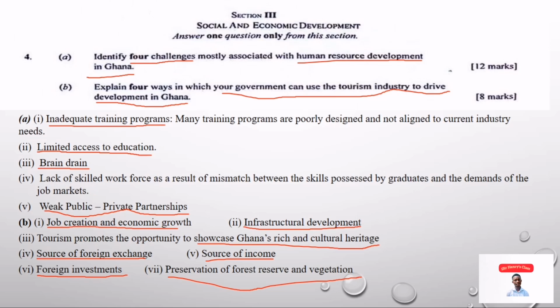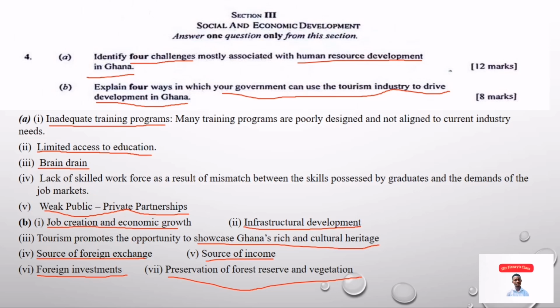4B, explain 4 ways in which your government can use the tourism industry to drive development in Ghana. So how can the government of Ghana use tourism to develop our country? One, we talk about job creation and economic growth.